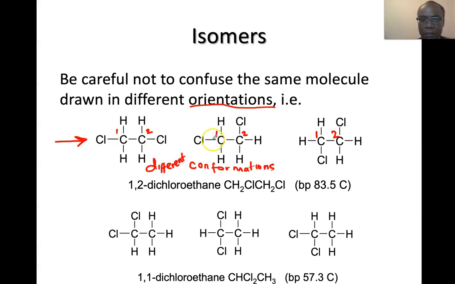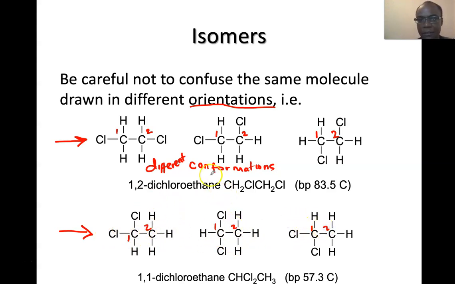Where the chlorine is on the horizontal, here it's down. You can have it up, you can have it horizontal. It's just the same thing. Same applies with this. All these are the same, because I see 2 chlorines on carbon 1 and I see 3 hydrogens on carbon 2. So all these drawings are the same.